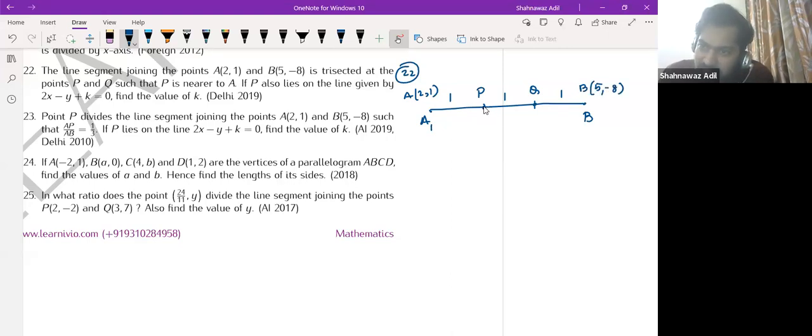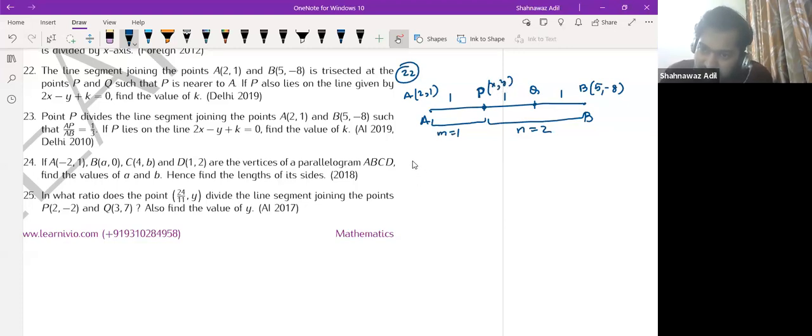So if I want to calculate this P coordinate, what are the ratios? One ratio 2. 1 is to 2, right? So 1 and this is 2. So then we can find out this coordinate which is, let's say, x, y.